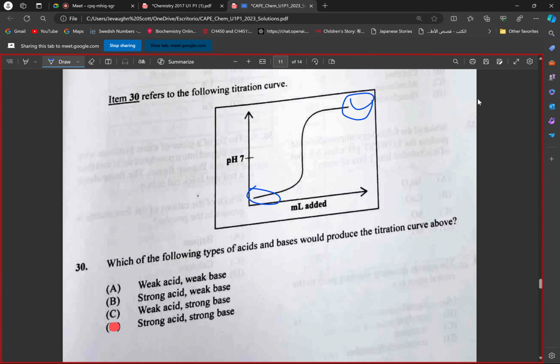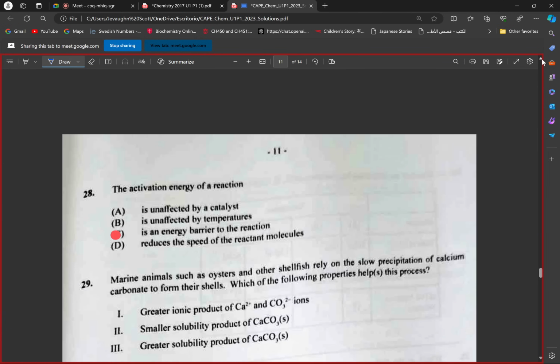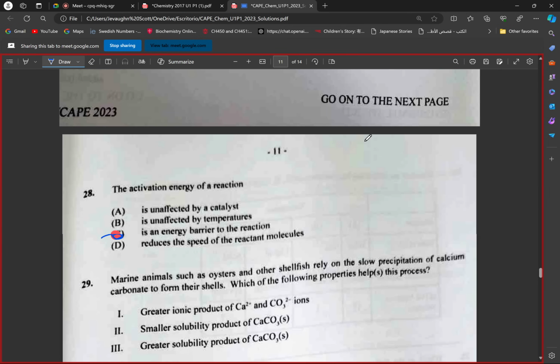No, the screen move. Why am I thinking of it? The one about the activation energy. So the activation energy one?